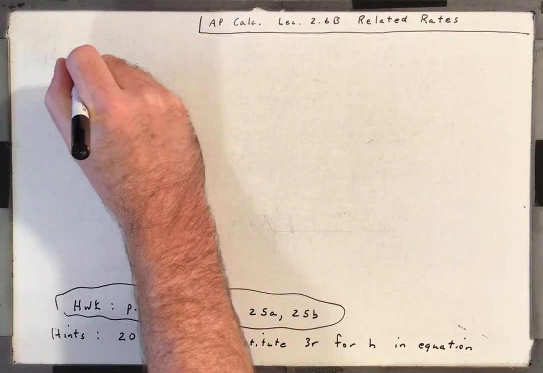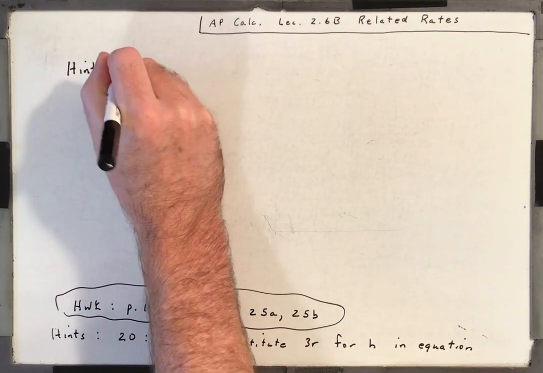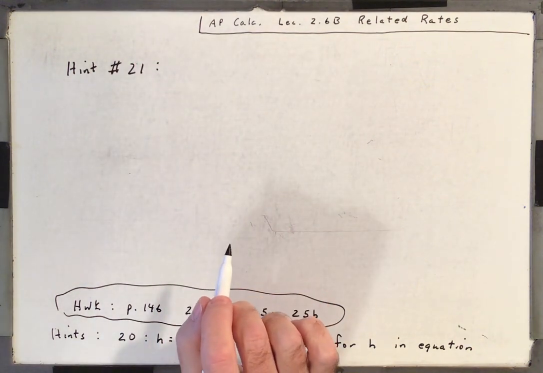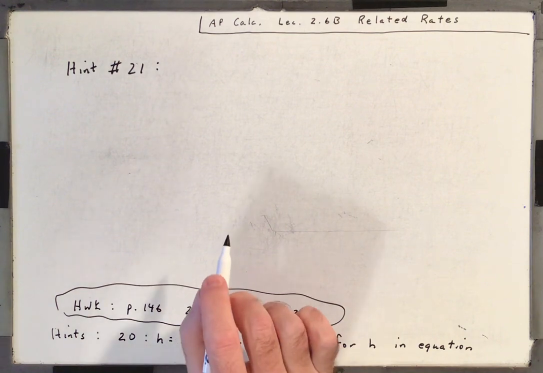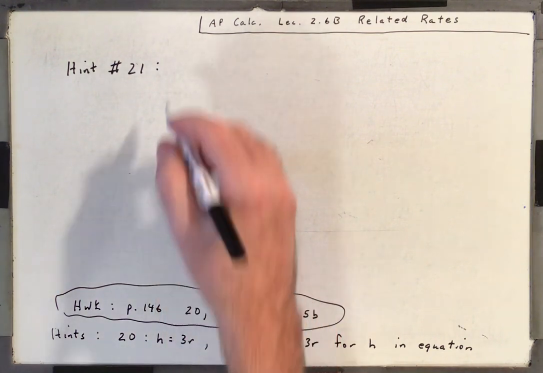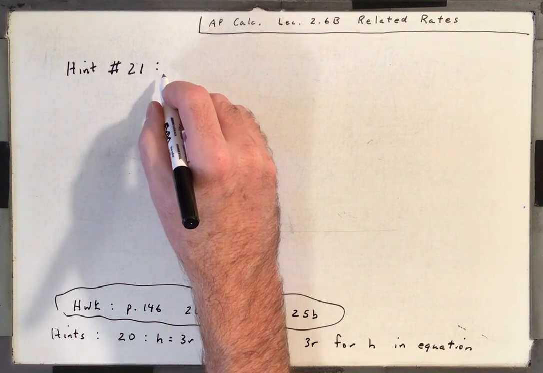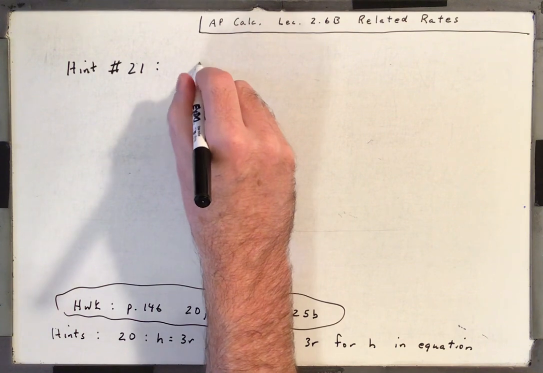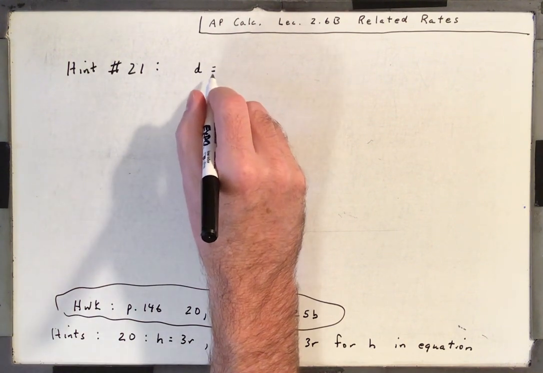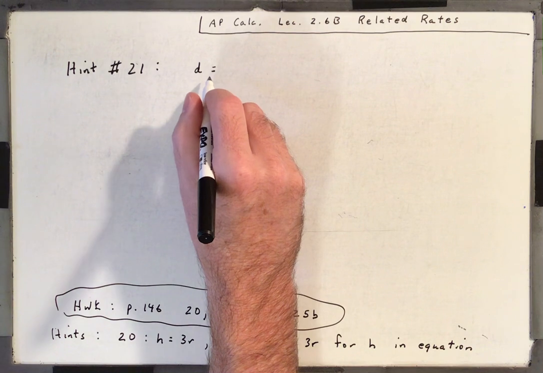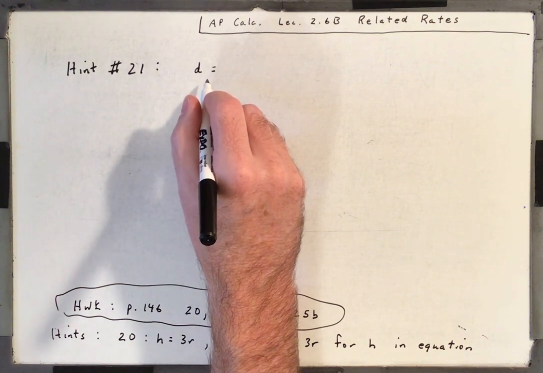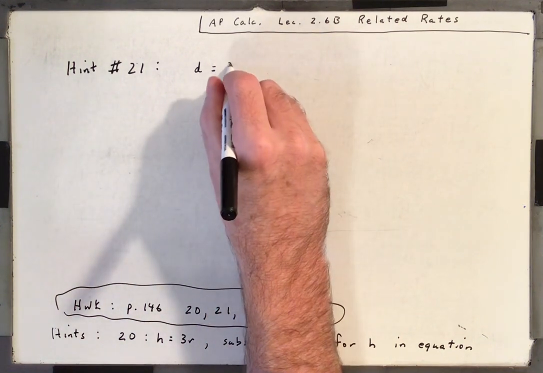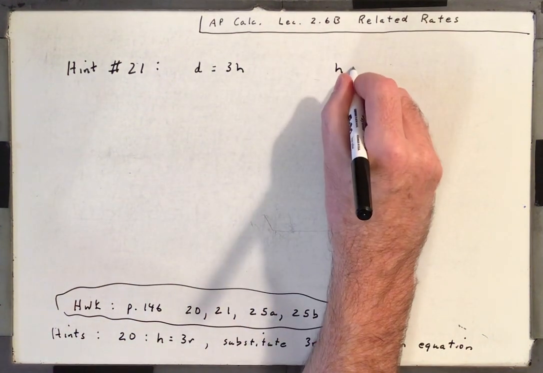For 21, you're using the cone equation again, right? The cone equation is given in the book, in the problem. All right, but in this case, the diameter is equal to 3h. So it says that the base of the cone is approximately 3 times the altitude. h is the height.